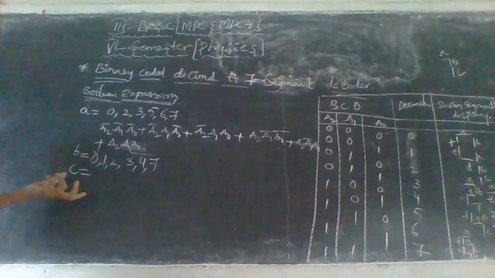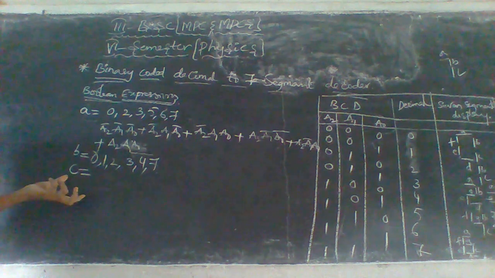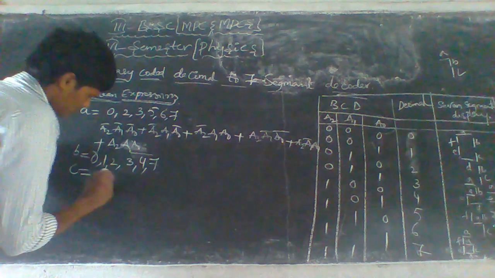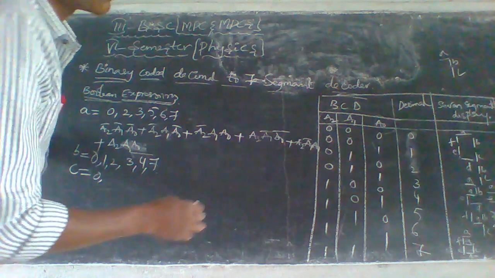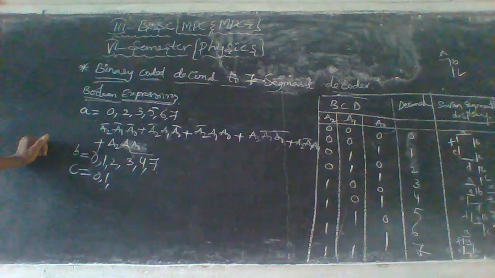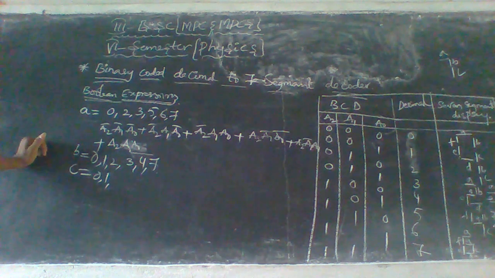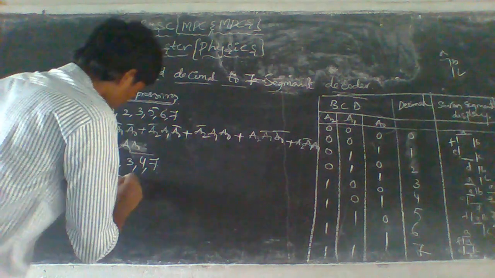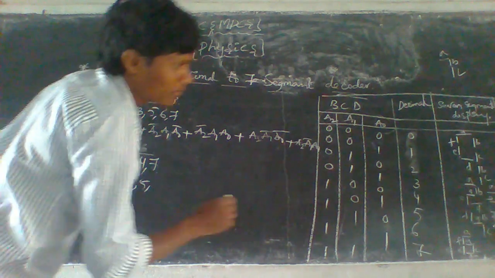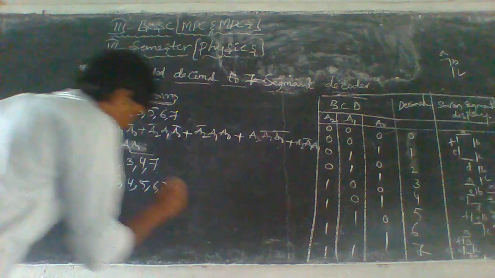So C will be displayed on 0, 1, 3, 4, 5, and 6, and 7.